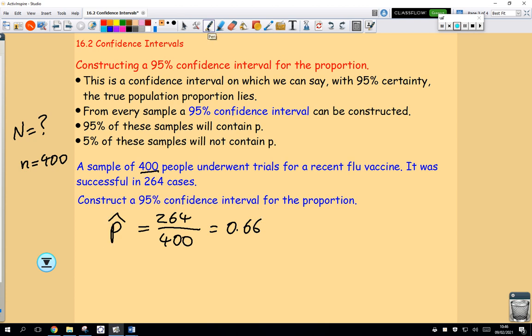So to calculate the margin of error, I'm just going to use the formula I mentioned there. It's 1 over the square root of n. This is an approximation, so we're going to use approximately equal to there.